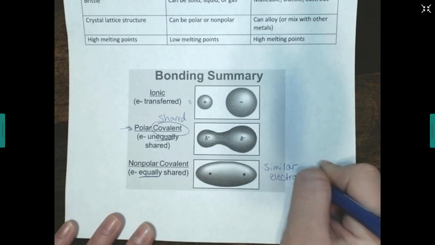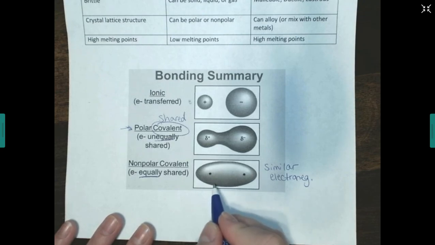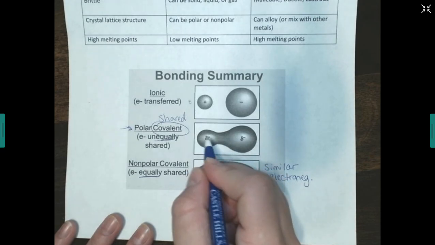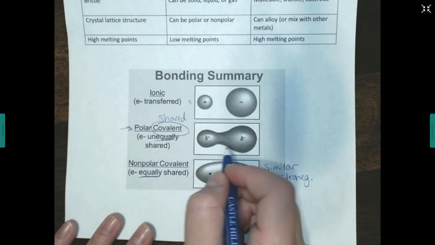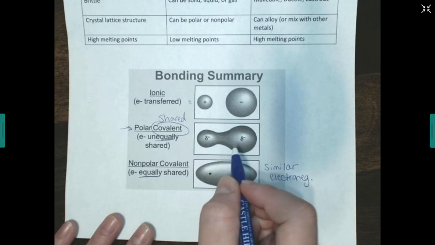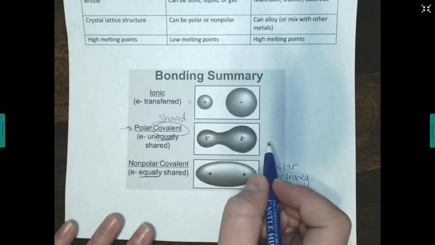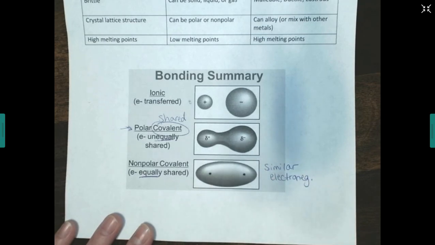Like if you had two of the same element, like a fluorine and a fluorine, their electronegativities are exactly the same, so no one's going to hog. But if you have a big difference of electronegativities, then remember electronegativity means they're greedy. So if he has a higher electronegativity, he's going to hog the electrons more, and that's how you get a polar bond.